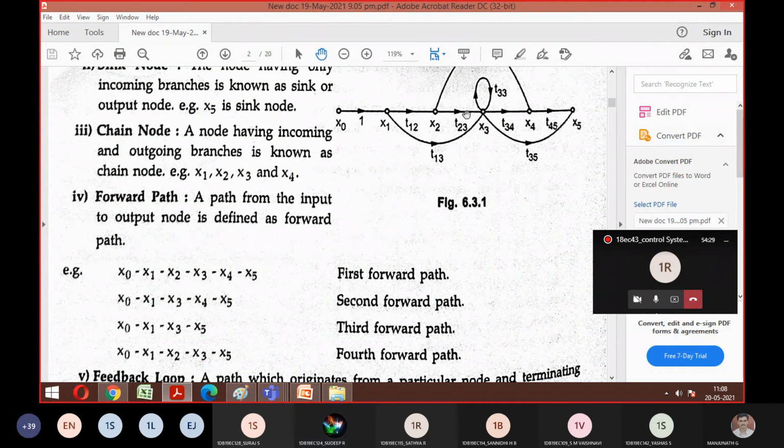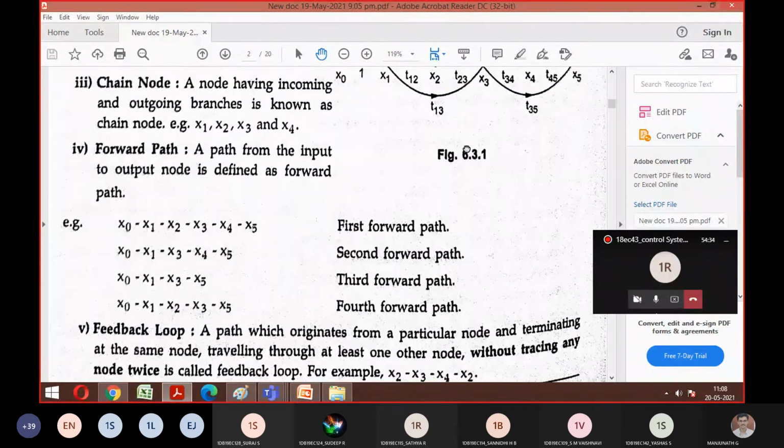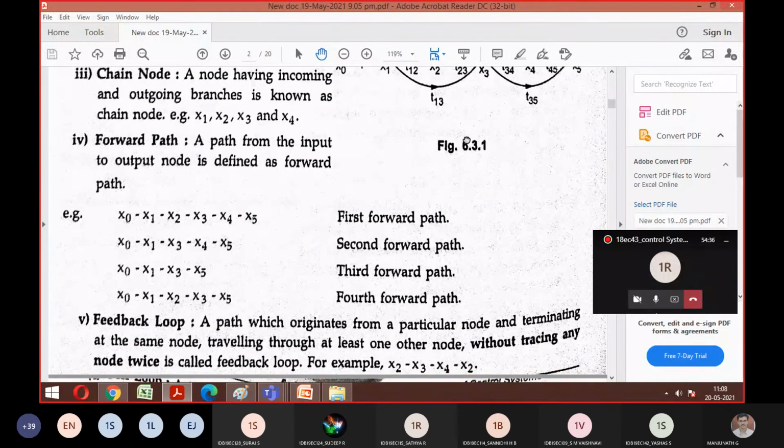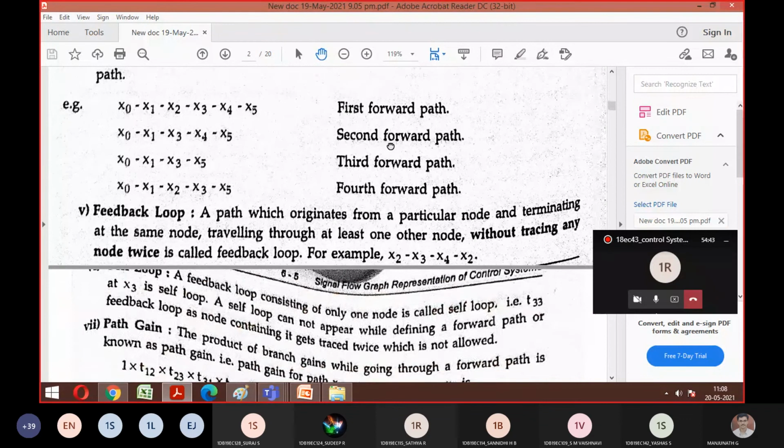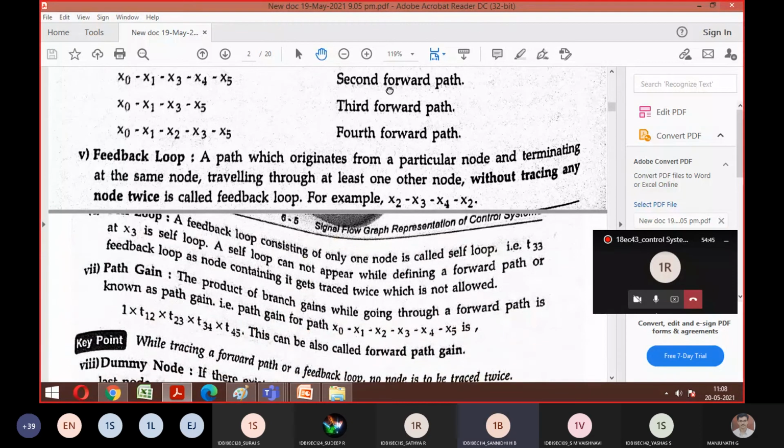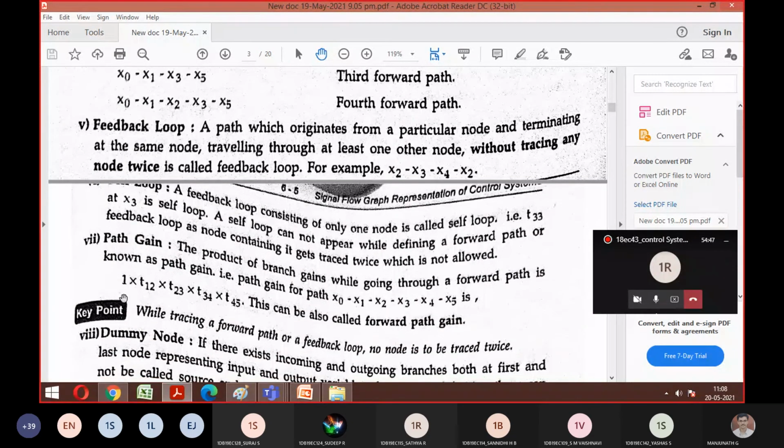You just need to multiply the gains to calculate the path gain. Is it okay? However many forward paths you have, that many path gains you are supposed to multiply.